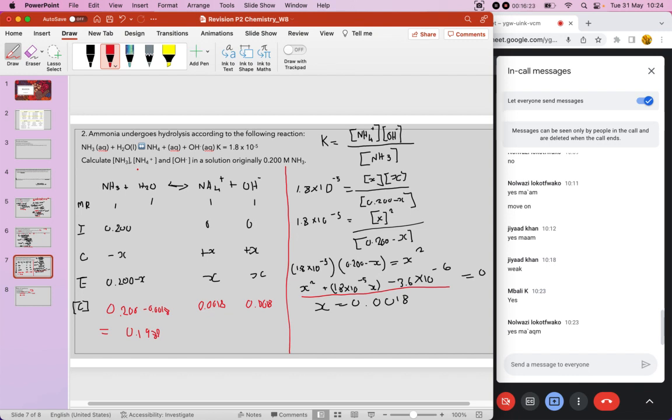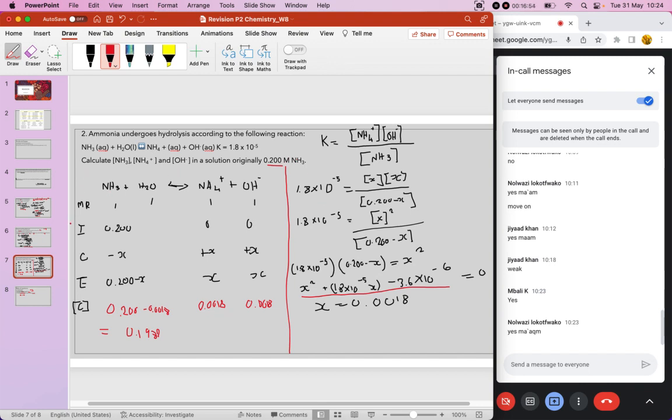in a solution, originally 0.200 molar of ammonia. So in this question, we have ammonia that reacts with water, which undergoes hydrolysis. From what we're given, we're only given the initial number of moles of ammonia.